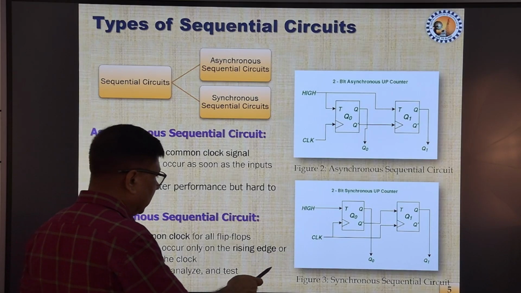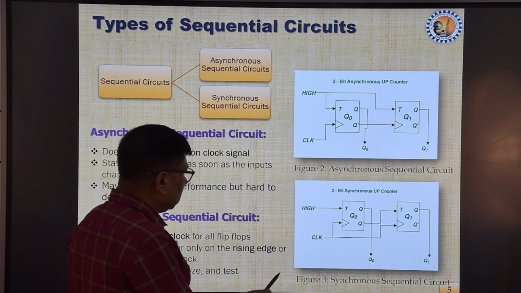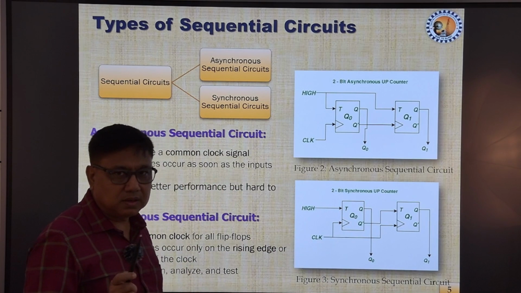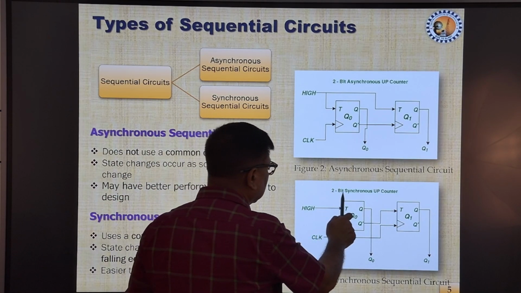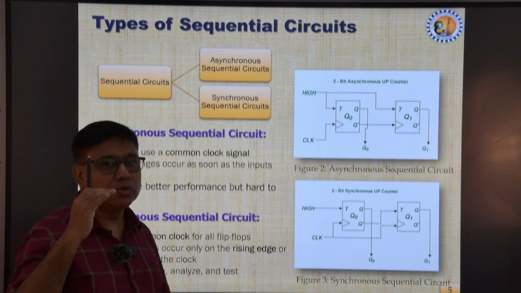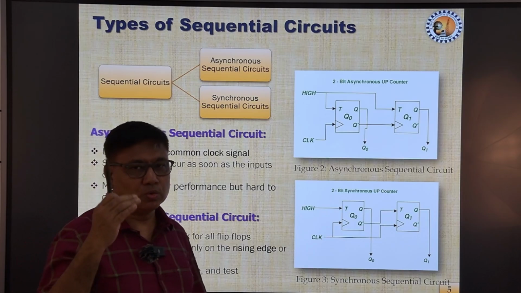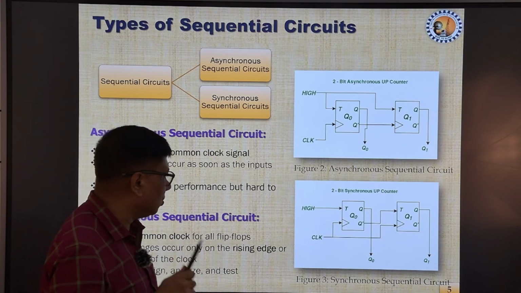First of all, let us see figure 3. Over here, these boxes represent flip-flops, and this is basically a T flip-flop, and this is a 2-bit up counter whose nature is to count up. That means if it is presently in 0, it will go to 1, it will go to 2, and this way it is forward counting, up counting.